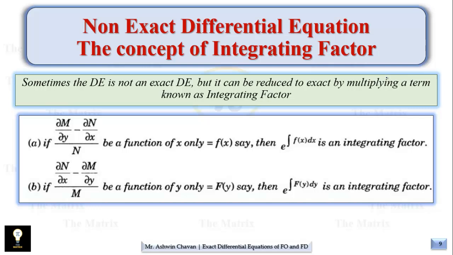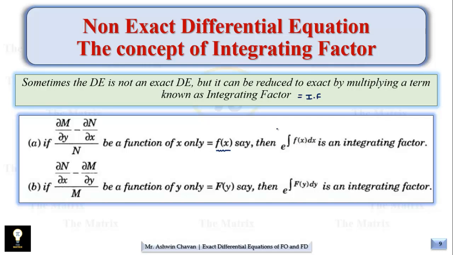Sometimes differential equations are non-exact, but we can make them exact if we multiply the differential equation with a suitable factor known as the integrating factor. There are many methods to find the integrating factor. The first two you can see on the screen. If (∂M/∂y minus ∂N/∂x) divided by N gives a function of x only, where y is completely removed, then the integrating factor is e to the power integral of f(x) dx.